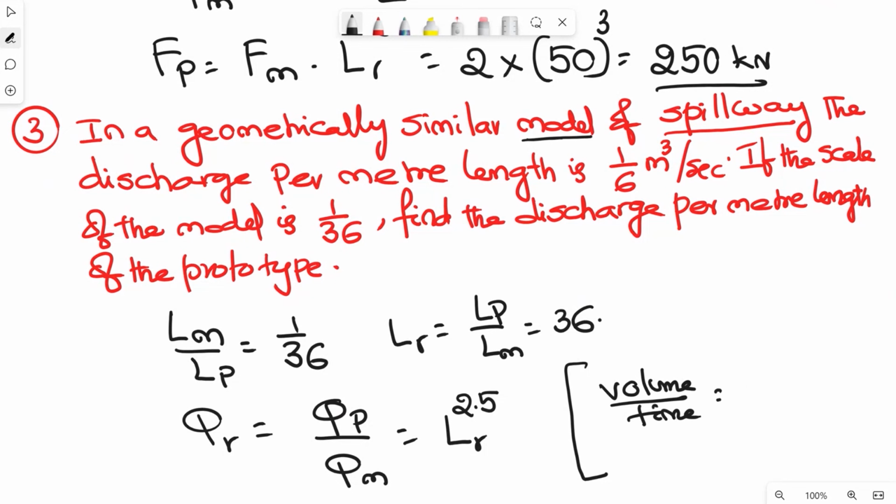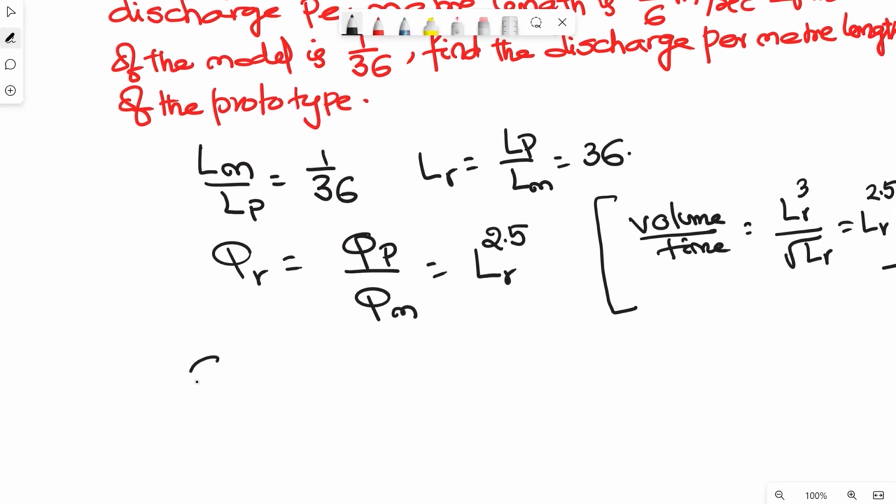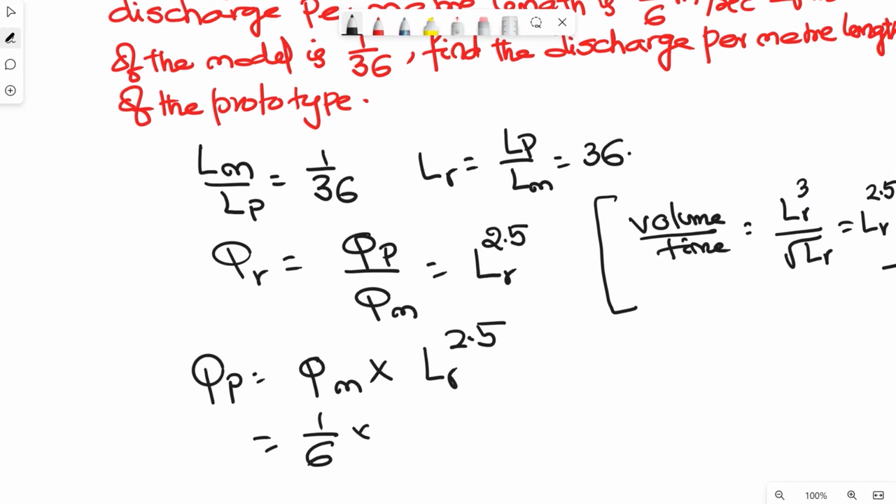The volume scale ratio is Lr cube, and the time scale ratio is root Lr. So it is Lr to the power of 2.5. Therefore, Qp is equal to Qm into Lr to the power of 2.5. Qm is 1 by 6, into Lr to the power of 2.5.